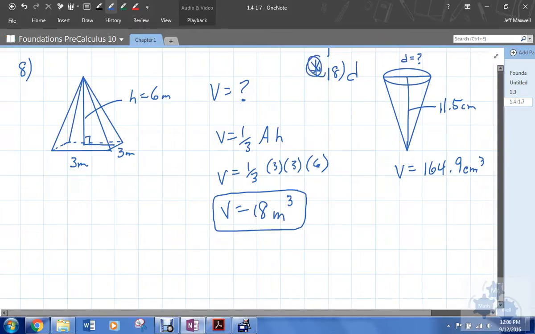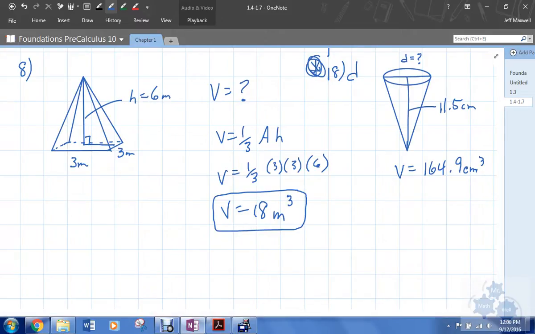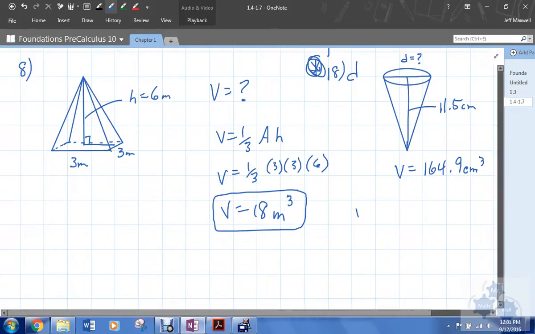Okay? This is a challenging one, so take a couple minutes here and see if you can figure out how to do that. You've got to take what you're given, and what we've been learning is about the volume of pyramids and cones. So you know what the formula is, right? For volume, it's 1/3 the area of the base times height.